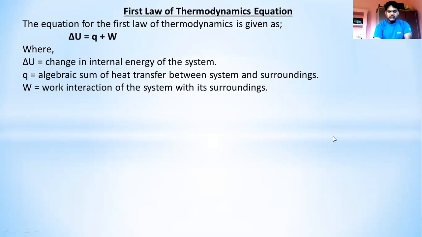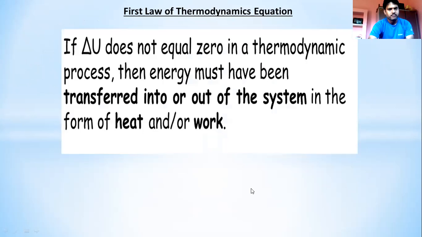Change in internal energy equals heat absorbed by the system plus work interaction. If the change of internal energy does not equal zero in a thermodynamic process, the energy must have been transferred into or out of the system in the form of heat or work. So this is the conclusion from the first law of thermodynamics.